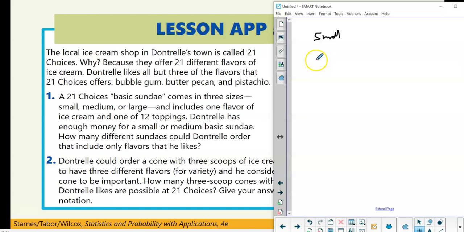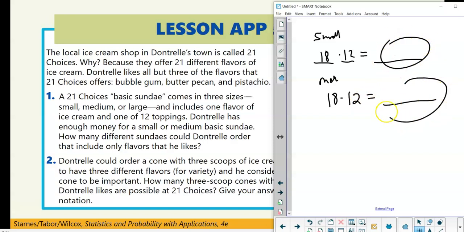So for the small, it'd be 1 flavor of ice cream, which is 18 options for him, and 1 of 12 toppings, so 18 times 12, whatever that is. And then for the medium, it'd be 18 times 12 again, right? It equals that number. And then you're going to add up those 2 numbers to find out how many different sundaes he could order.